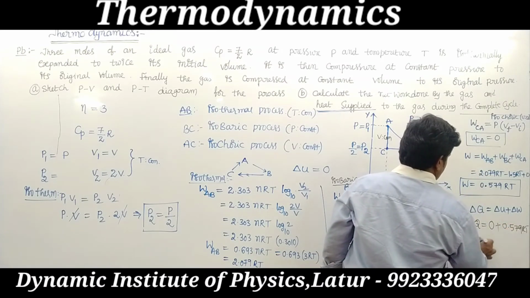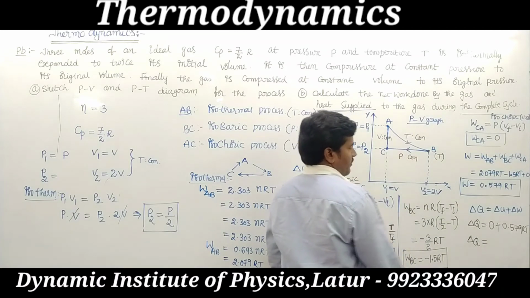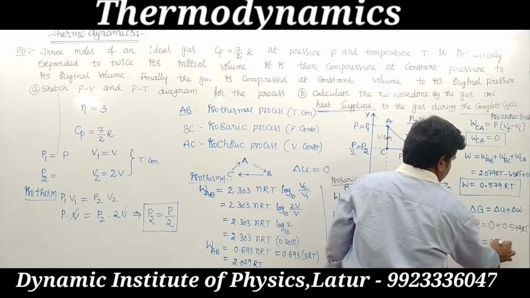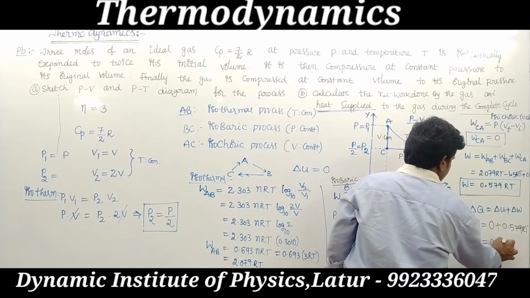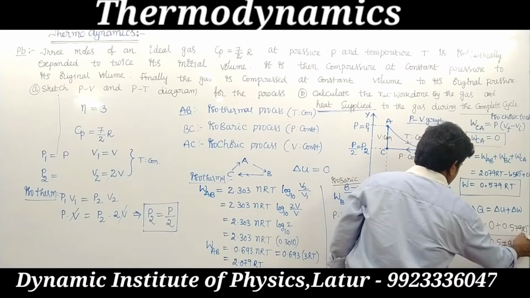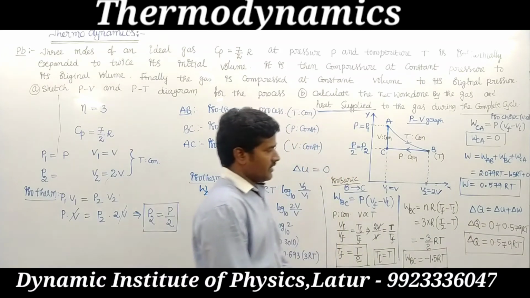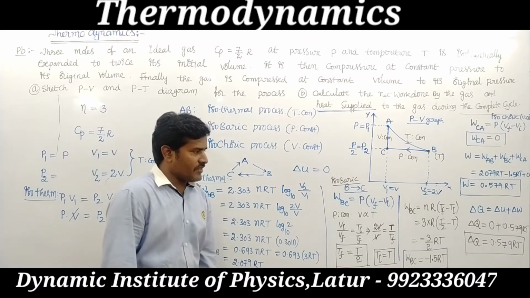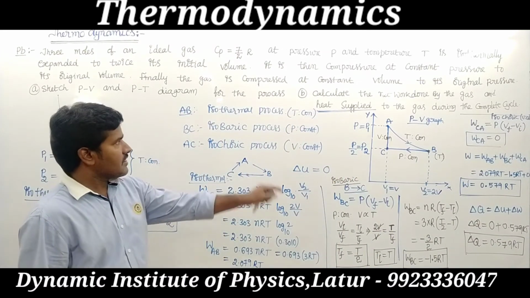So delta Q, the total heat, equals 0.579 RT.